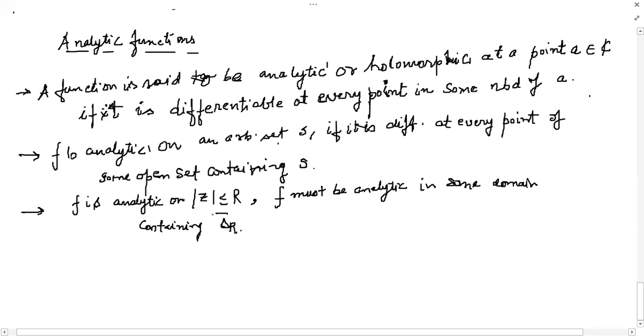So one has to remember all these things, and the way we have already done a few things. The first thing would be the definition for the algebra for the analytic functions.